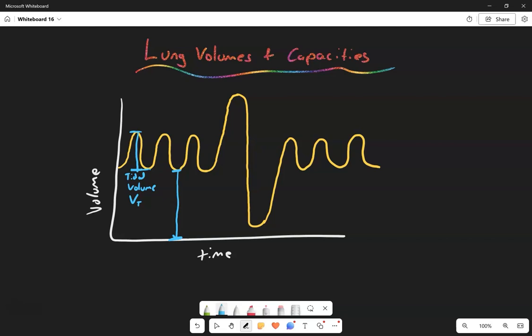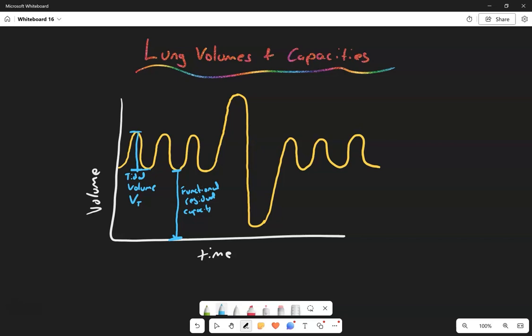That is known as the functional residual capacity. That's how much air is left in your lungs after a normal exhalation.